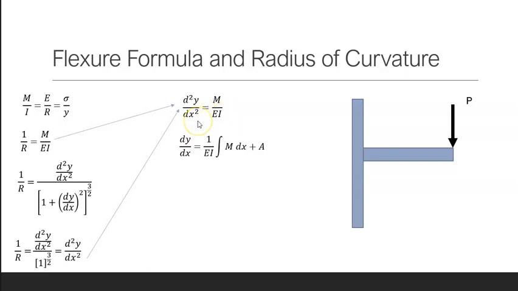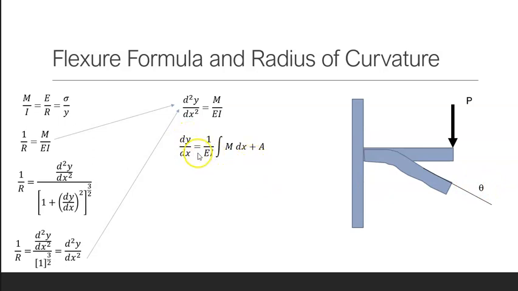If I want to get dy/dx, which will be the slope of the beam, it'll be the integral of that. We can see here, if we apply this load, the beam would bend down like that, and that would be the slope here, theta. So theta is equal to dy/dx.